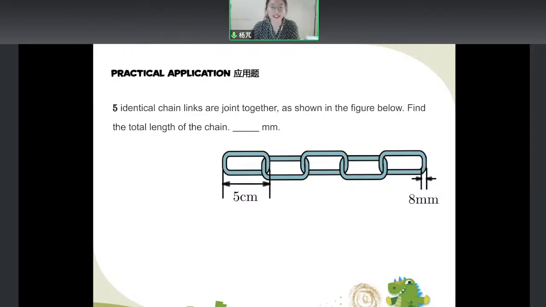5 identical. Identical means same. 5 same chain links. Joint means it is connected together. We want to know the total length of the chains. That means from this point to the rightmost point, from the left to the right.